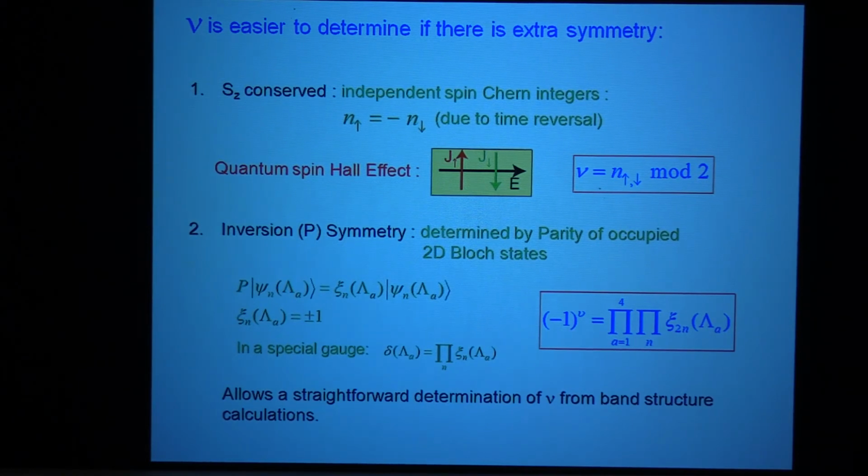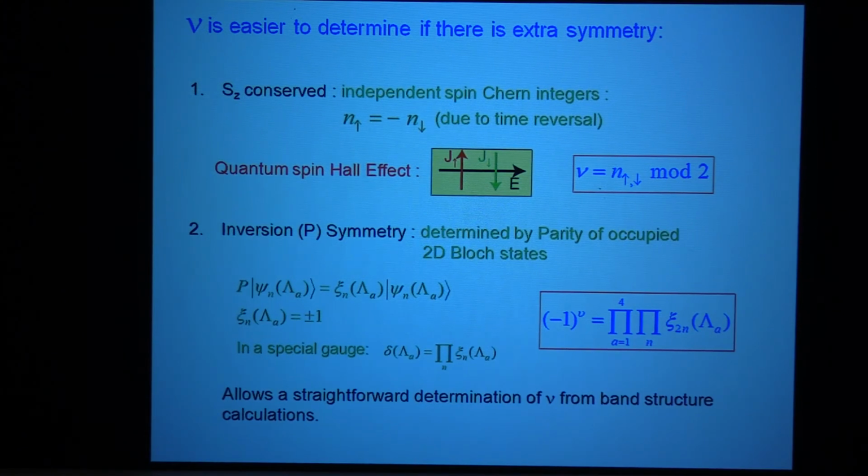If you take all of those eigenvalues at all of the parity invariant points and multiply them together, you get something which is either plus or minus 1. If it's minus 1, then it's guaranteed that you have a topological insulator, if you have an insulator. So if you have inversion symmetry, this is a quick way of determining whether you have a topological insulator or not.